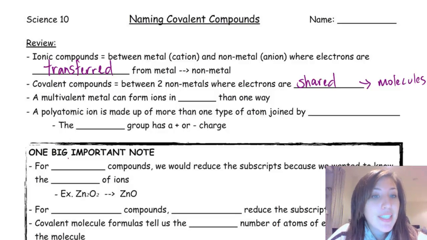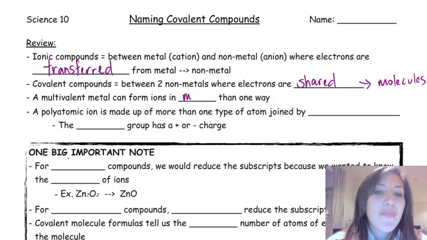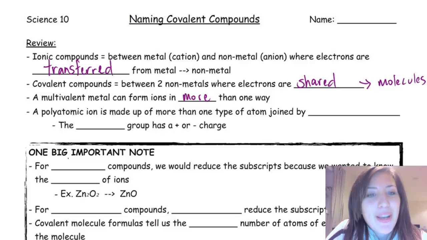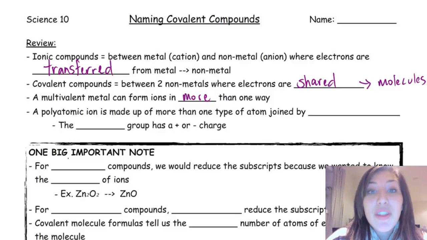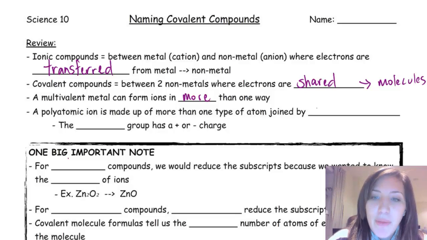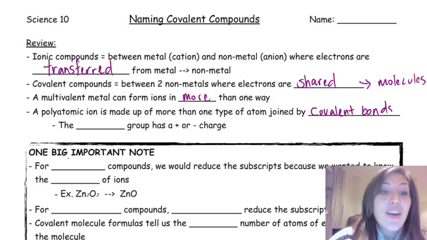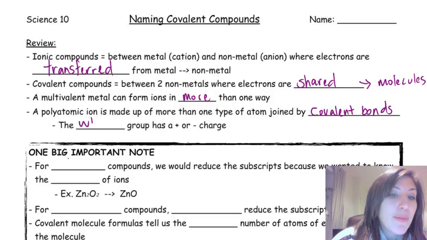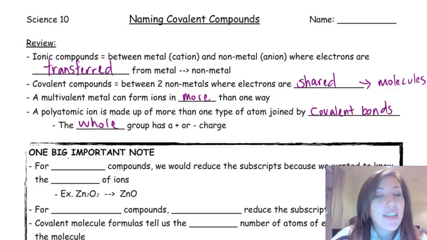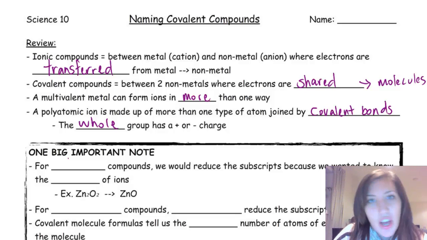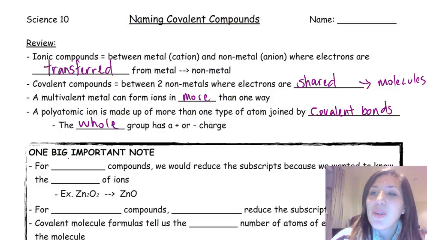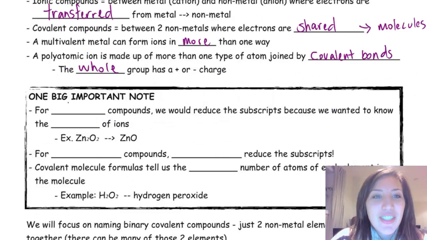We learned a couple lessons ago that multivalent metals can form ions in more than one way, and that polyatomic ions are made up of more than one type of atom joined by covalent bonds. The whole group for a polyatomic ion has the positive or negative charge, not the individual atom. So there's a quick review. Let's dive into today's topic.